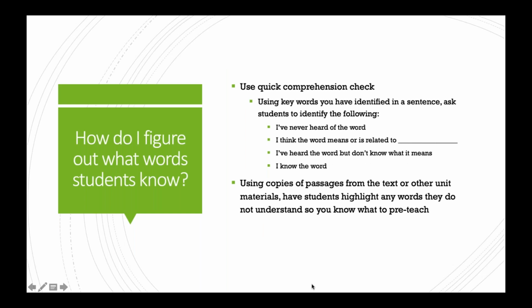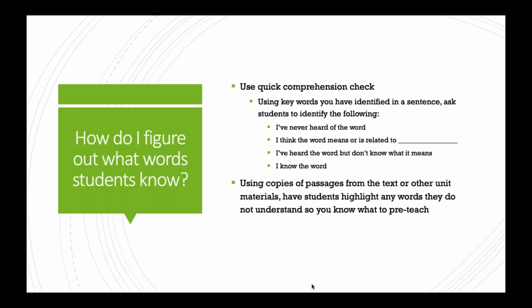So let's talk about some things that we can do to figure out what words students do know. One of the things I've come across in my work on this is a quick comprehension check, using a quick little checklist students can give you, so that you can quickly identify how familiar they are with a word.